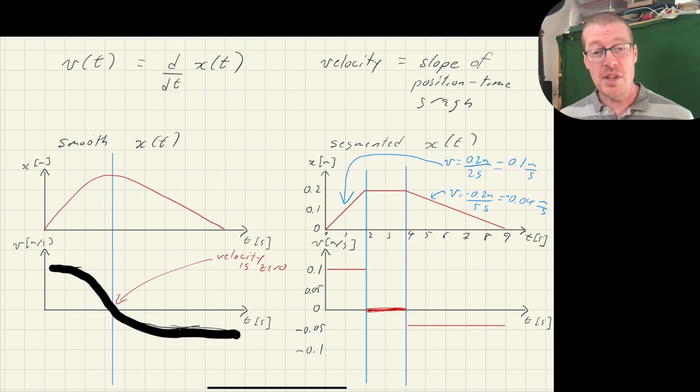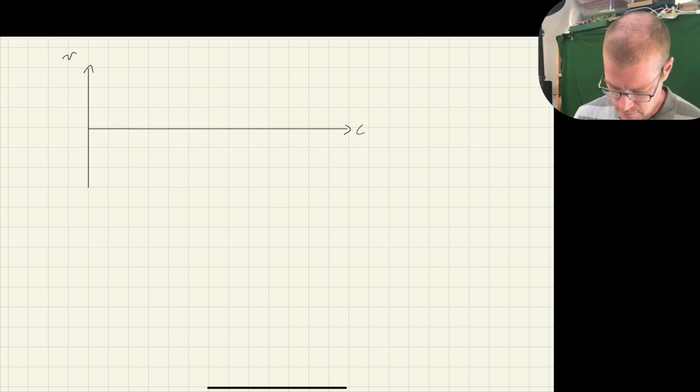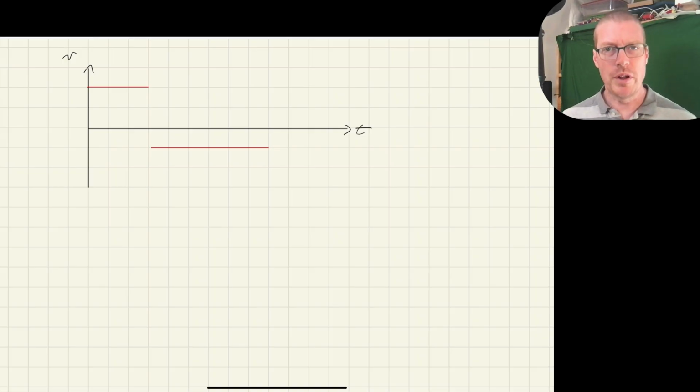Now, you can also be asked to go the other direction. Suppose you're given a velocity time graph and you're asked to get a position time graph. Let's just do a simple one where you have just a piecewise constant velocity.